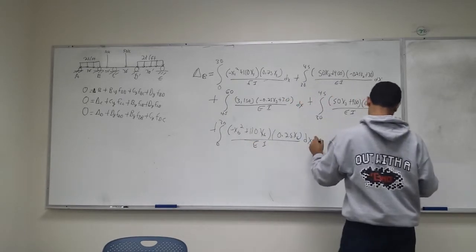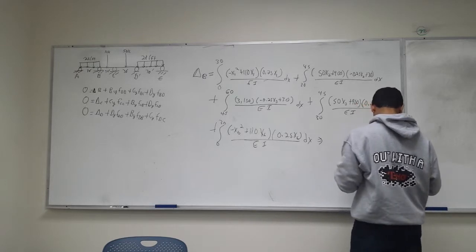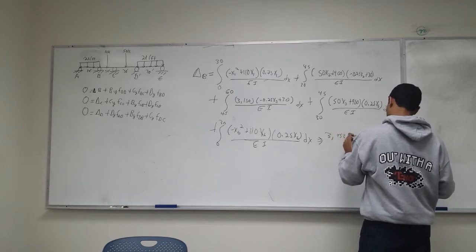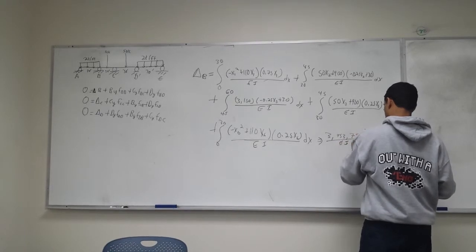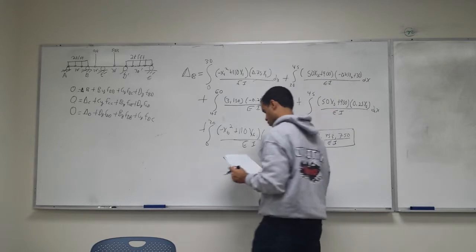What do we get at the end? We get the answer to be 3,453,750 over EI. That's our deflection at point B.